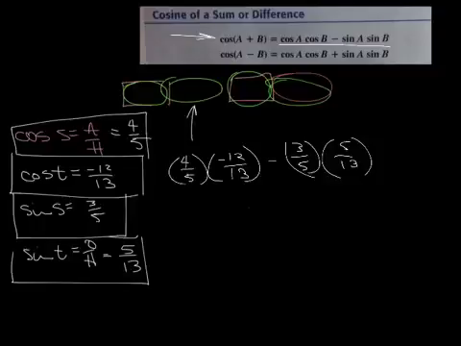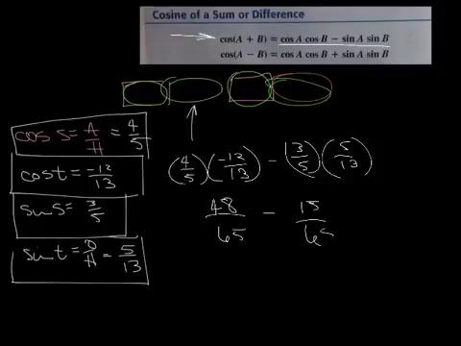Now I just do the math. 48 over 65 minus 15 over 65.